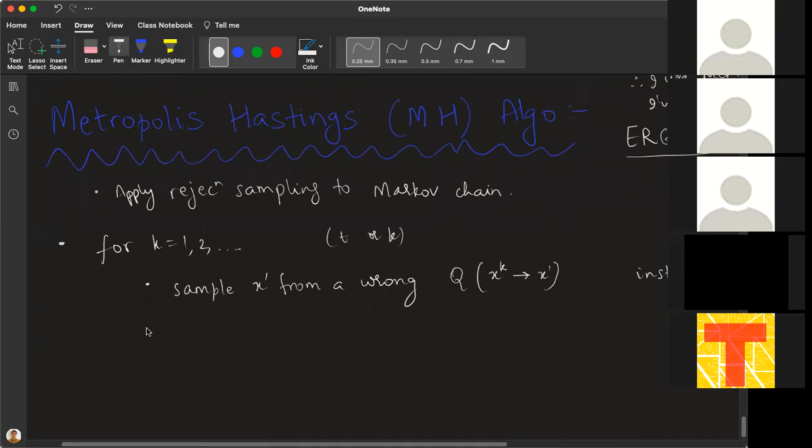So we have got a wrong sample, and now we want to apply rejection sampling. So basically, we have to have some acceptance probability, right?